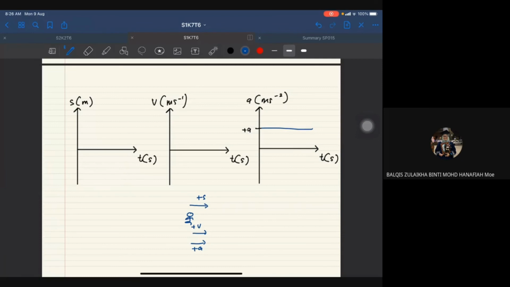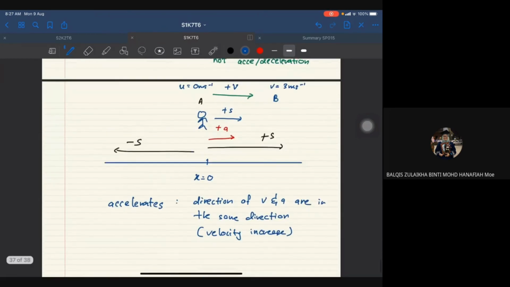Sebab tak ada change in direction. Okay, so the increase would be linear and then it would be positive. So increasing dia ada dua. Satu, kita tahu dia start from 0 kan. So the graph goes from 0 and it goes up. So final speed dia adalah 3.